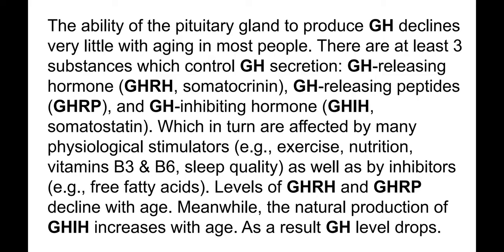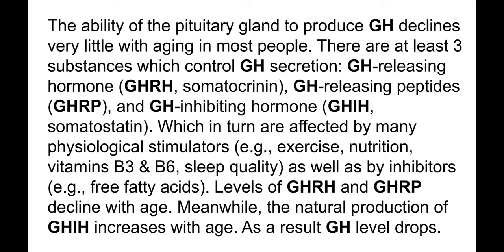The ability of the pituitary gland to produce growth hormone declines very little with aging in most people. This is very important. Remember, the pituitary gland can produce growth hormone up to very old age.